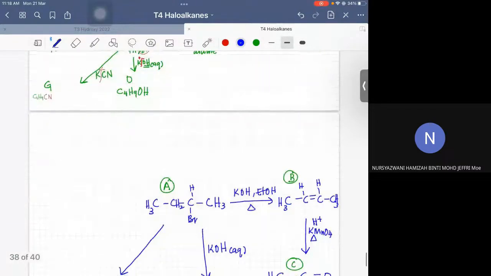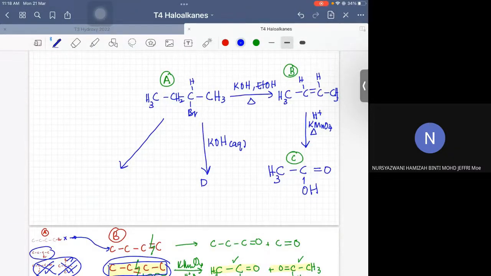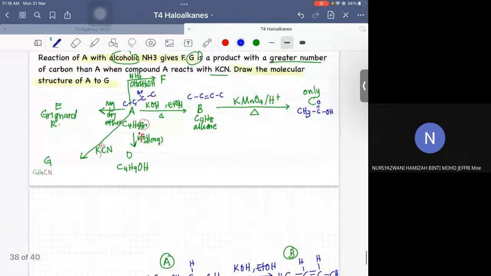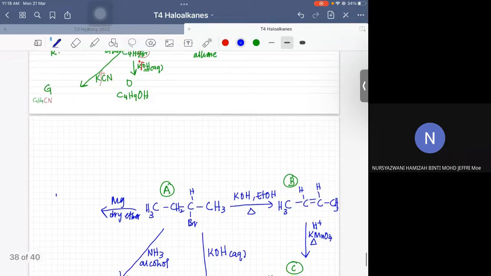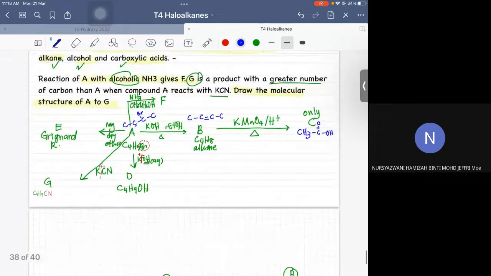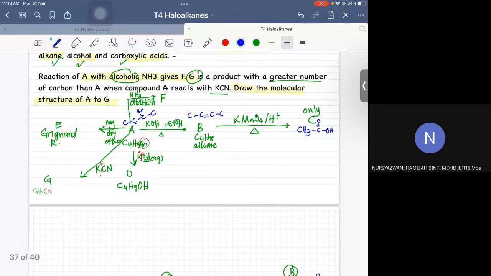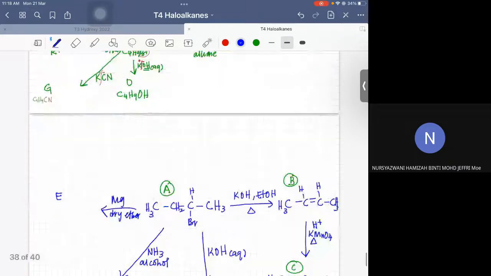Ammonia, alkohol, dapat F. Lagi dengan Grignard reagent. E, F dah G dan KCN.